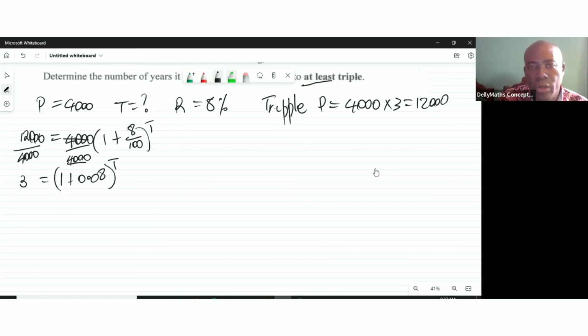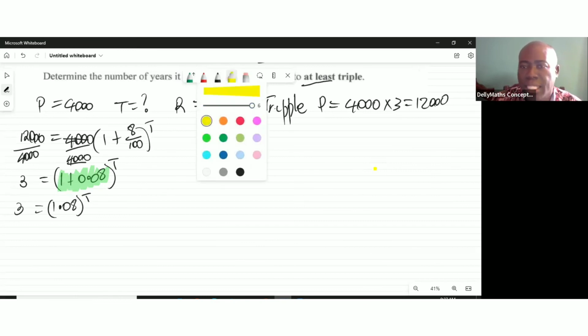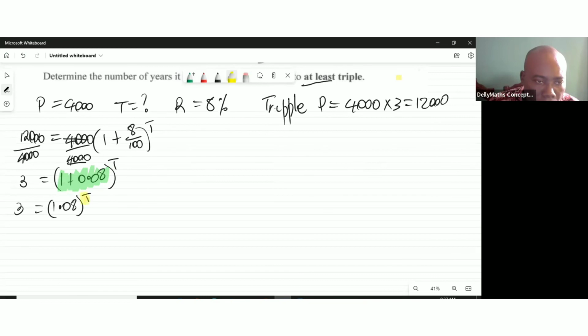We could simplify inside here a little bit more. So we have 3, which is now equal to 1.08 raised to the t. Now, when you observe this, I'm dealing with an exponent here. T is an exponent, a power.